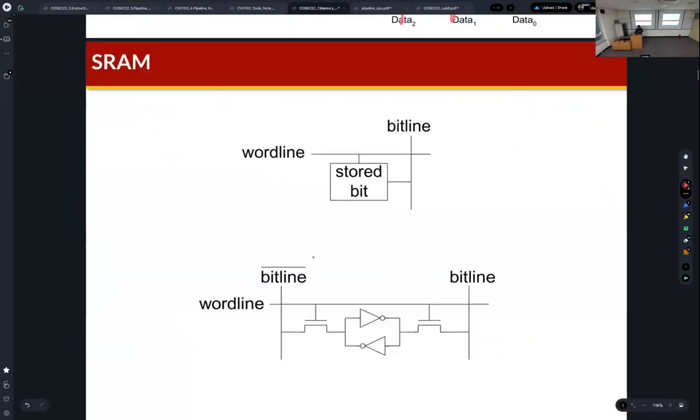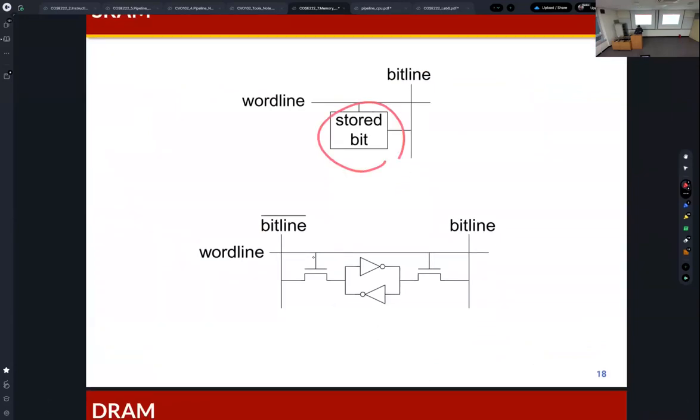Then what is different? This part is different for different memory technologies. This is the bit cell of the SRAM. As you can see, this is an inverter, and this is an inverter.